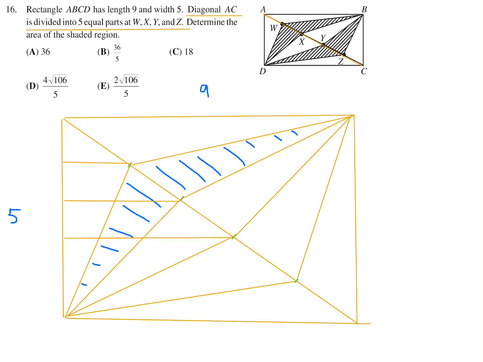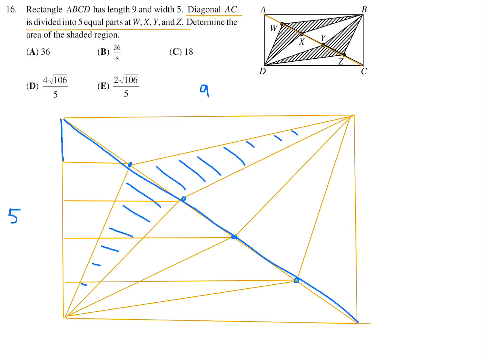When you draw perpendicular lines like this, from here to here is basically 1/5 of the total, because the diagonal was divided into 5 parts by these points, and therefore if you draw perpendiculars to the sides, it will also be divided by 5 equal parts.